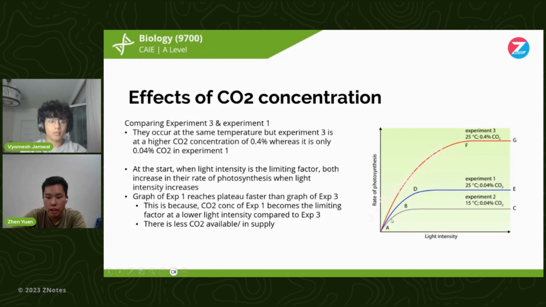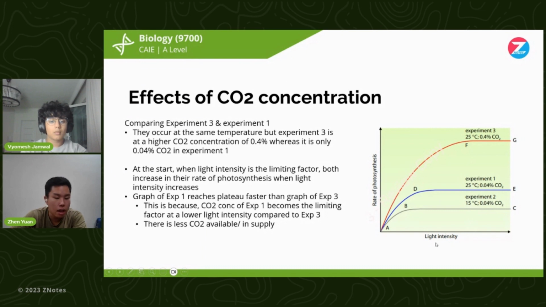See, at a lower light intensity, your experiment 1 graph has plateaued in the rate of photosynthesis, whereas your experiment 3 graph still requires a lot more light intensity before it starts to plateau. Why?